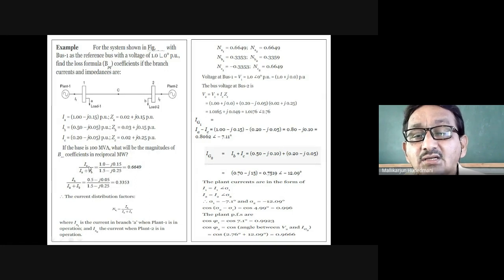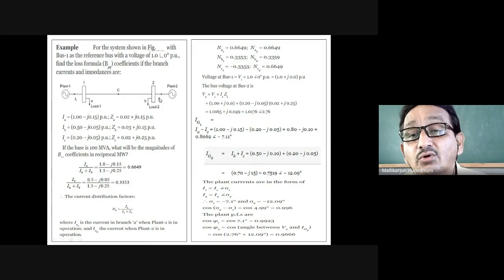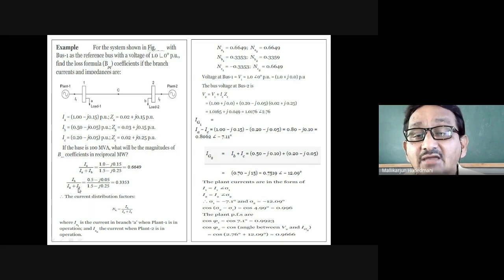This is the ratio IA divided by total load. This is called the fraction of load coming via A. That's what I calculated. The fraction of load coming from B, I will calculate similarly: IB divided by IA plus IB, the IB current divided by the IA plus IB current.